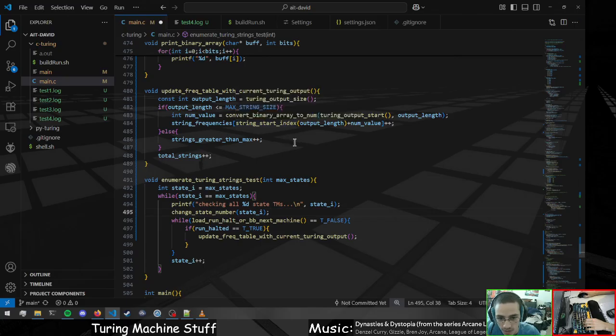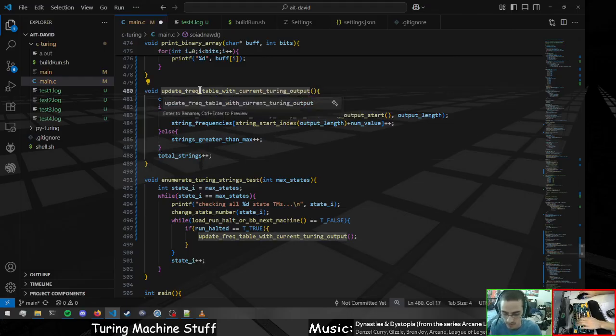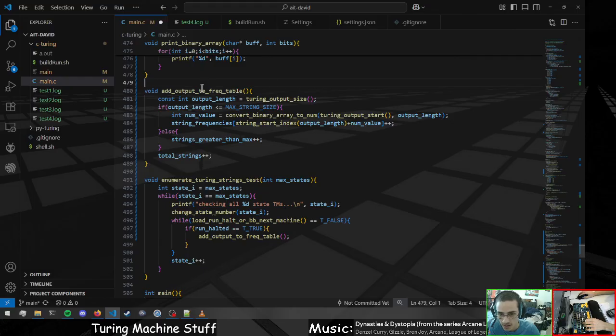Use the current Turing output and updates. Oh, let's say this: add output to frequency table. That's a better thing. Add output to frequency table.